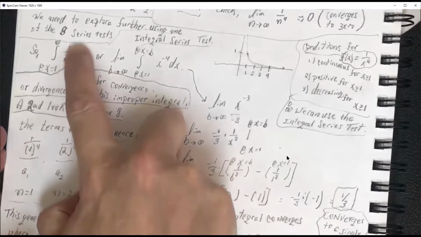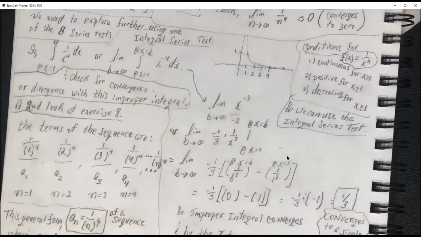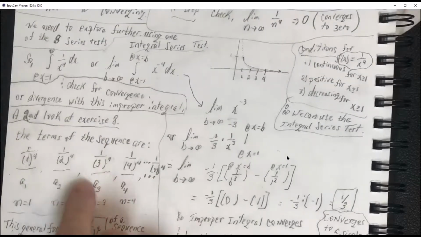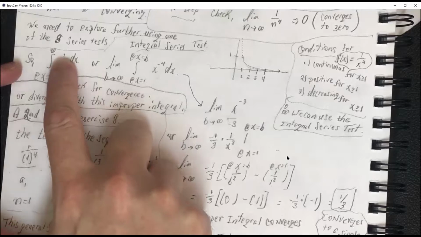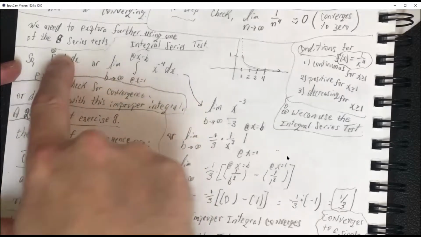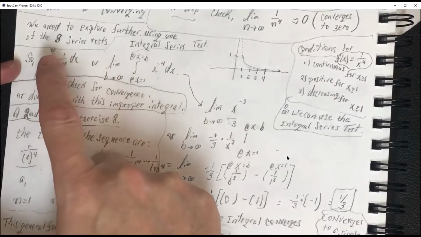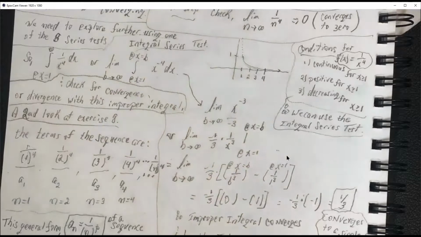We moved up the x to the 4th, and it became x to the negative 4th, and you're always going to have just a 1 here because the number is moved out. If there was something else with x that you couldn't reduce, it would not be a P series, and you wouldn't be able to compare it anyway. It would be a different problem.